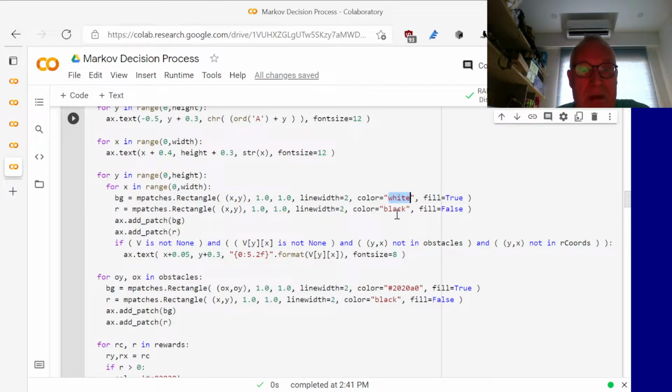That's a white background, that's the black outline of the rectangle that I want to draw for the value function, if I have a value function. I'll show you the value function later on.